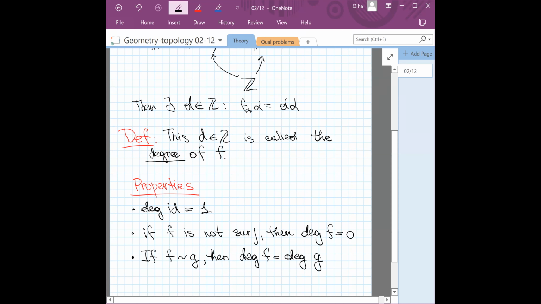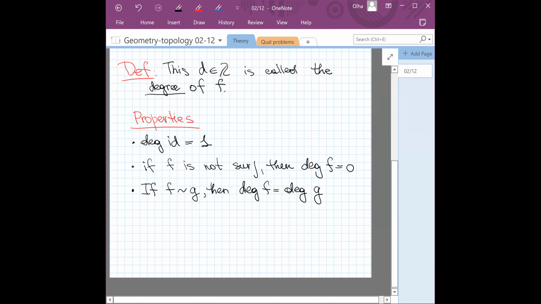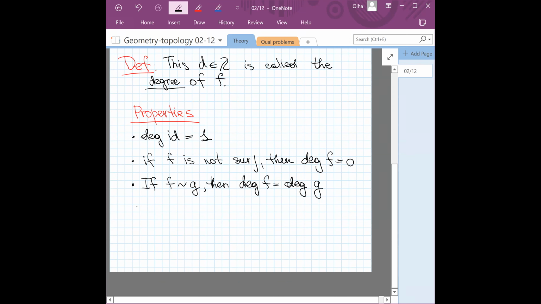So I guess degree is homotopy invariant. The next thing is that the degree of a composition is the product of the degrees.